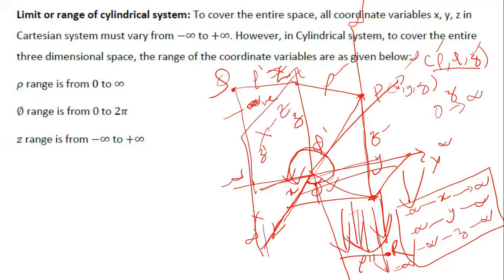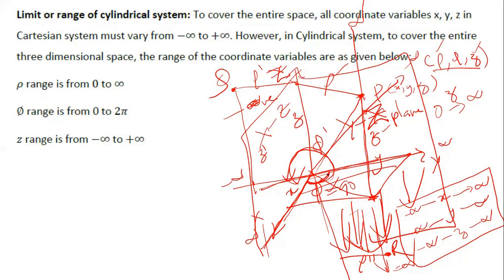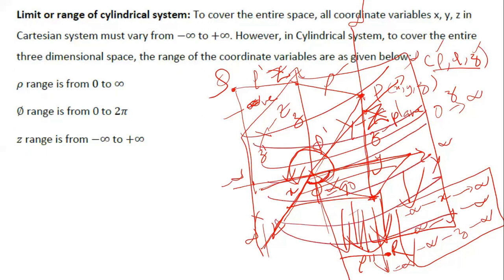On the xz plane, phi is 0. However, on the yz plane, phi value is 90 degrees. And in between, you can vary phi from 0 to 90 degrees. You can cover any points in the first quadrant if you vary phi from 0 to 90.